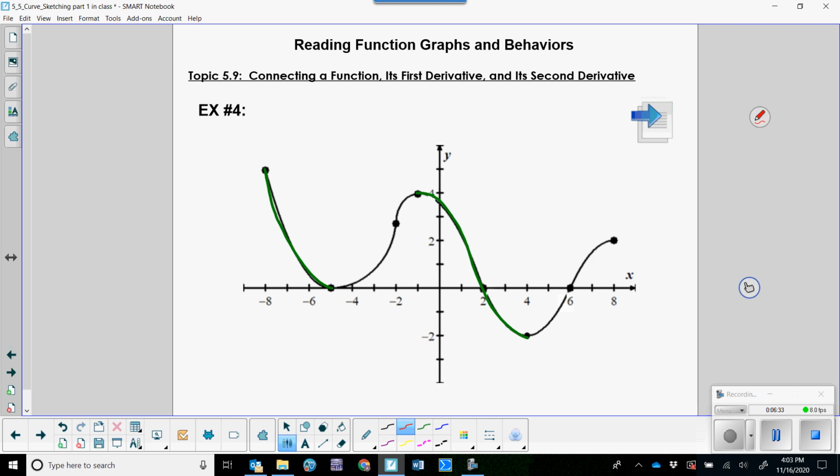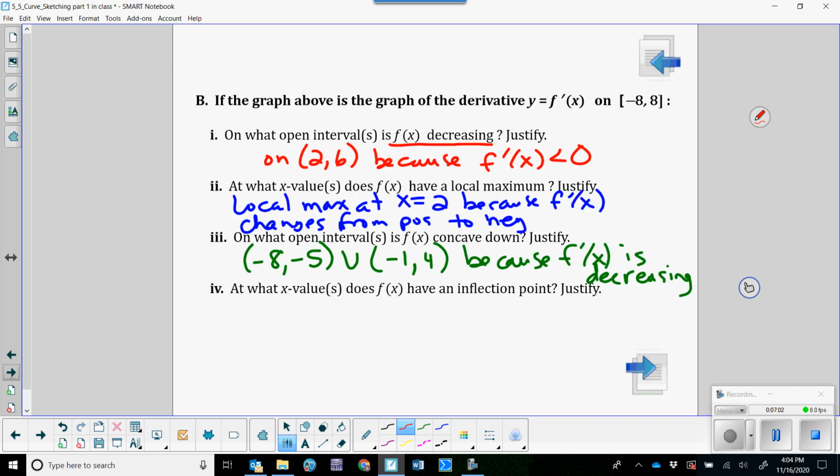So you're going to have an inflection point here because f prime changes from decreasing to increasing, so it goes from concave down to concave up. At x equals negative 1, it changes from increasing to decreasing, so there's another one. And at 4, we change from decreasing to increasing, so that's another place.